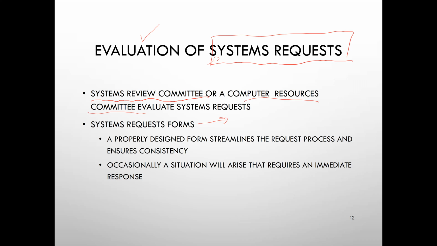And occasionally, a situation will arise that requires an immediate response. So that's why you may need to have a box to tick, like high priority, something like that. For example, the Sky system has this as well.